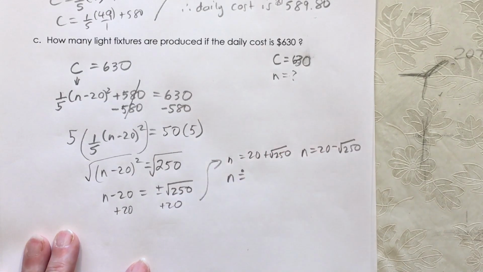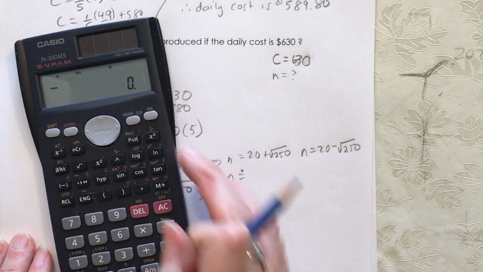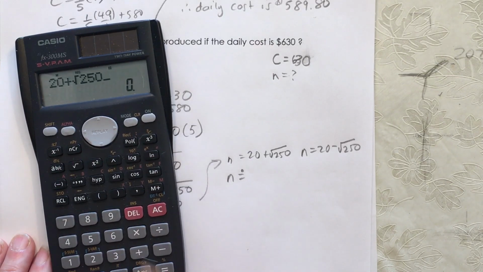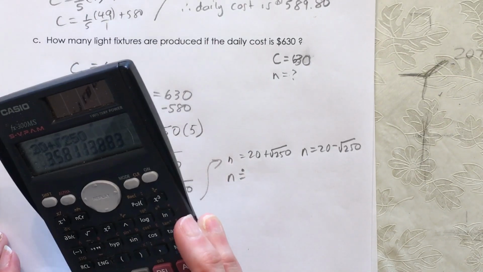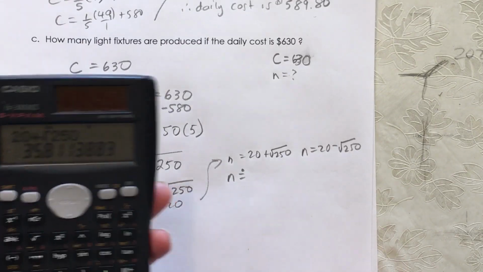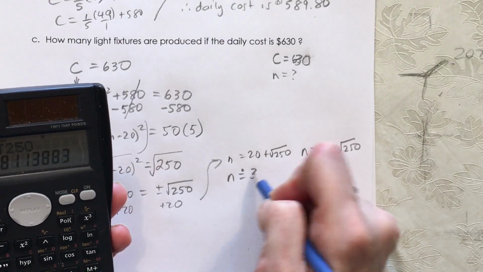Then we'll use our calculator. So that, to the nearest light fixture, is 35.8, let's say approximately 36.